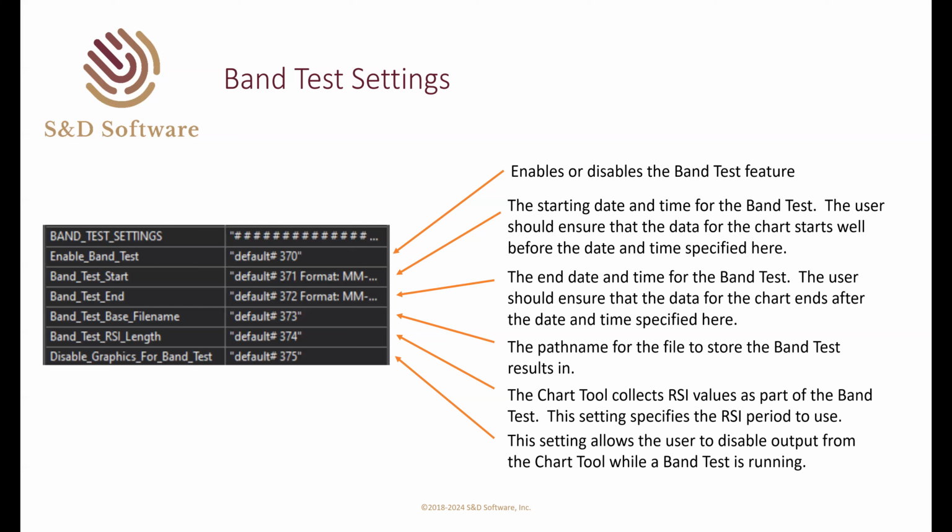And if you have the chart tool operating normally, and it's putting out all its graphics commands to TradeStation, that's a lot of calculation that TradeStation is going to do to put all those bands on the chart and everything else that the chart tool puts on the chart.